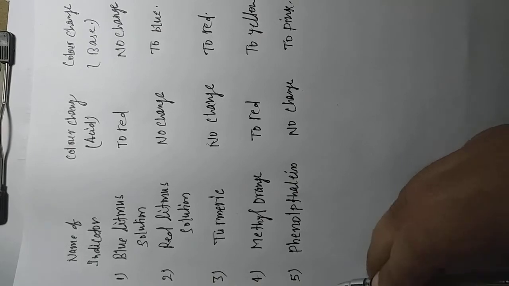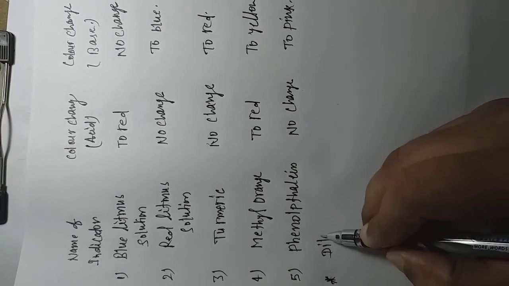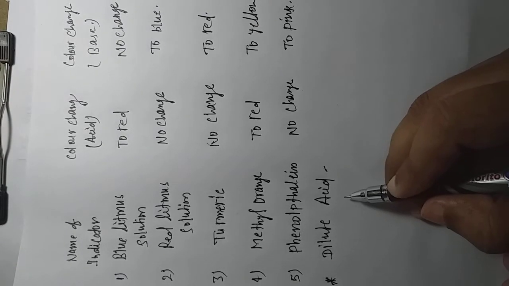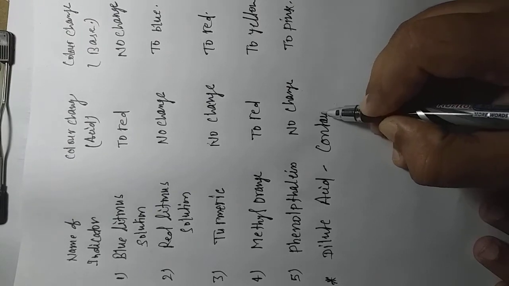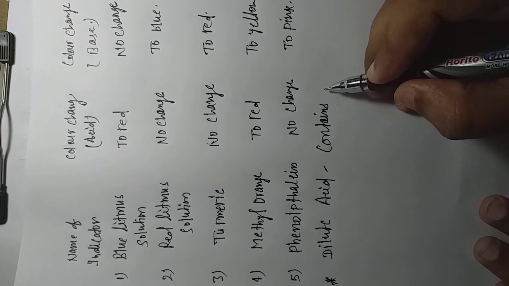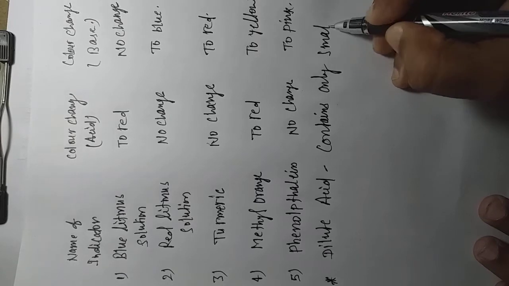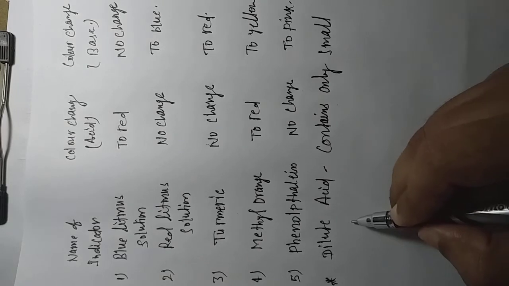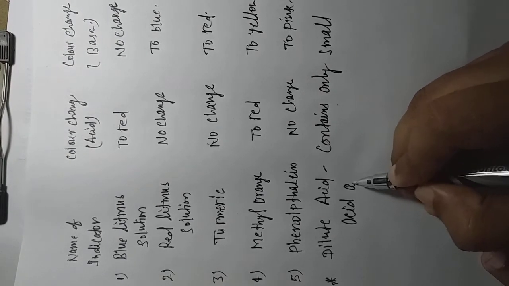Next, a very important topic for all of us, is dilute acid. Dilute acid is clear from the name: it contains only a small amount of acid and a large amount of water, because it is dilute, right?